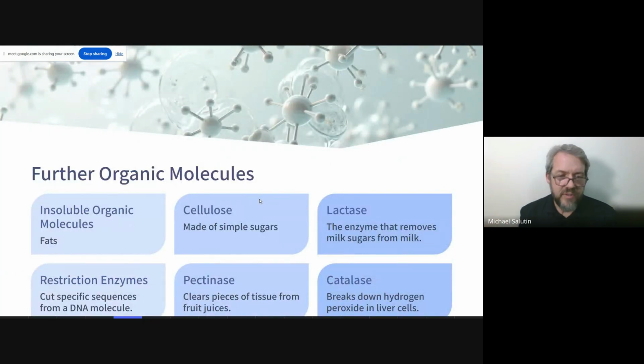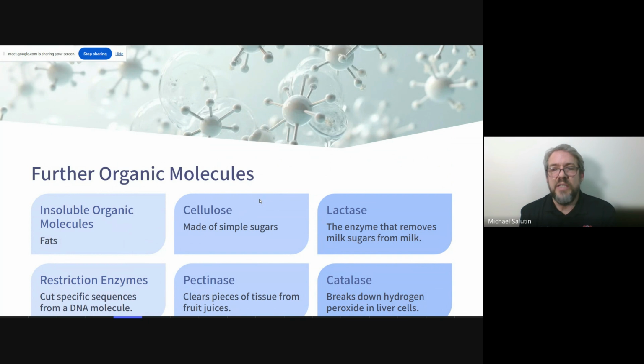Okay, some other organic molecules and processes that you need to know are that fats are insoluble. This is something we mentioned earlier. The fact that they're insoluble in water is what makes them good for forming cell membranes.